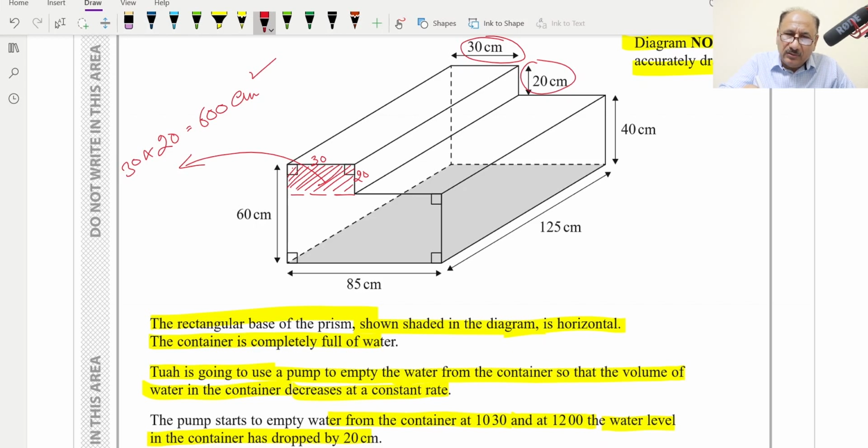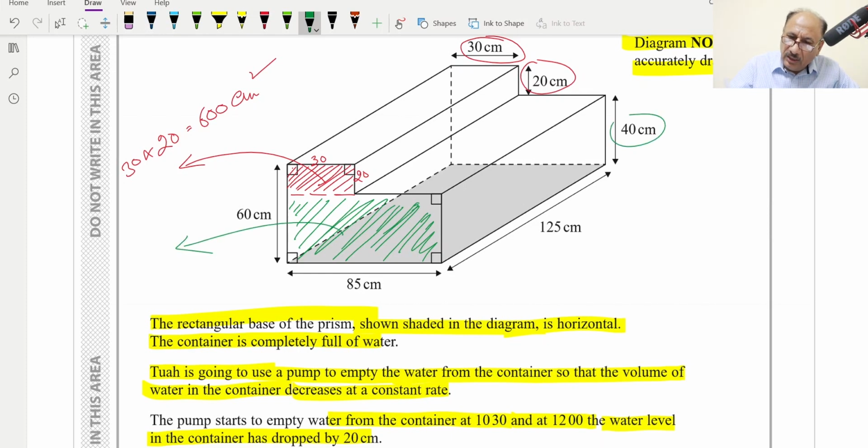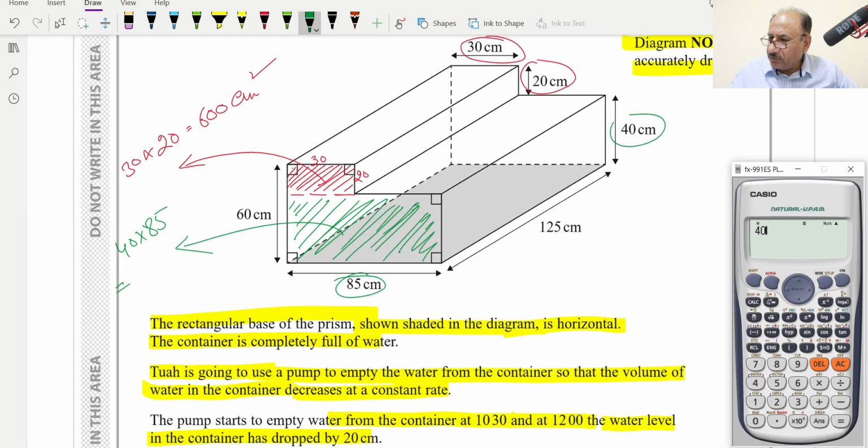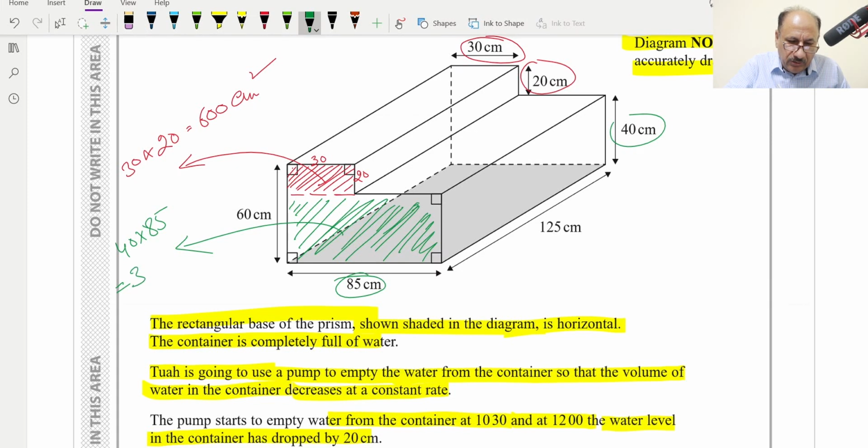Now we can check this other area, which is this one, the face area. Basically we are calculating this area. This height will be 40 and length will be 85. So 40 multiplied by 85 is equal to 3400. 3400 again centimeter square.